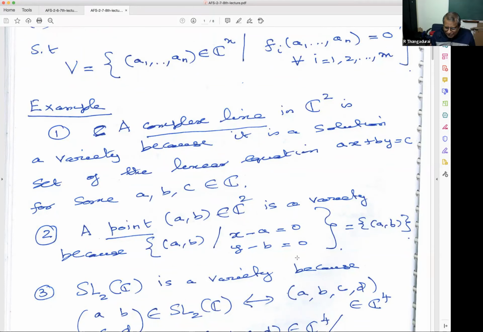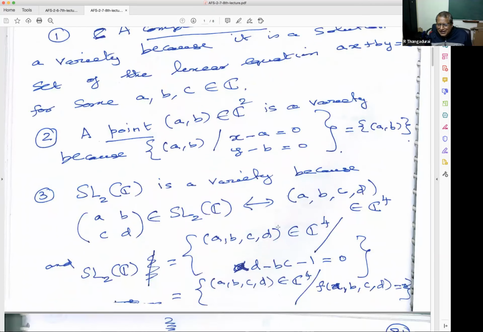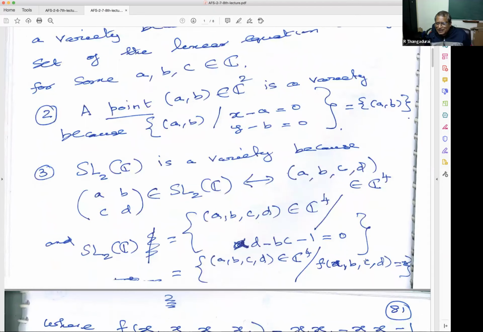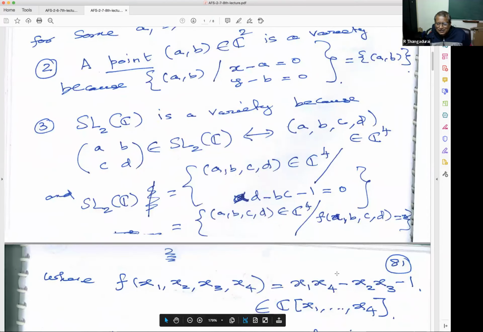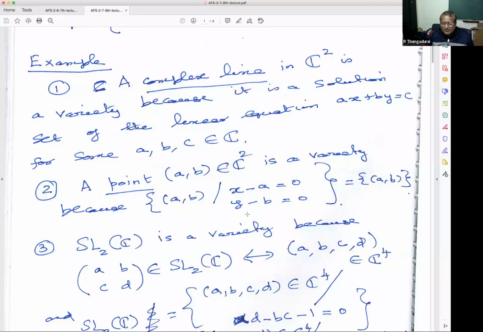The polynomial is x1x4 - x2x3 - 1 = 0. The set of all (a, b, c, d) in C^4 such that ad - bc - 1 = 0. Minus 1, I missed it. So we can write it as a polynomial: x1x4 - x2x3 - 1. So this is an algebraic variety. So many objects are naturally a solution set.